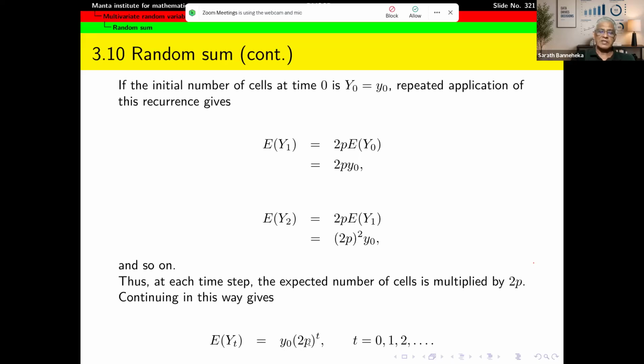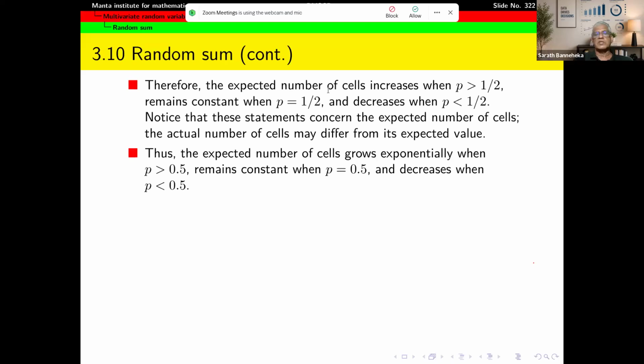If p is greater than half, then this function will be an increasing function. So that's what I have mentioned here. Therefore, the expected number of cells increases when p is greater than half, remains constant when p equals half, and decreases when p is less than half.